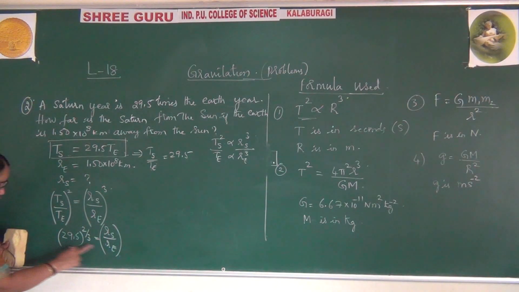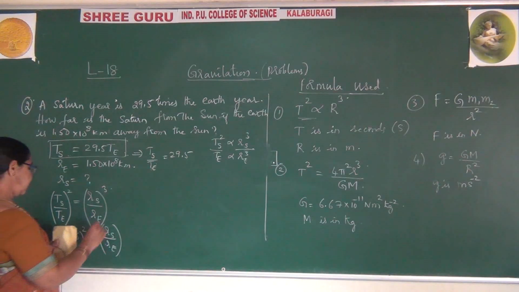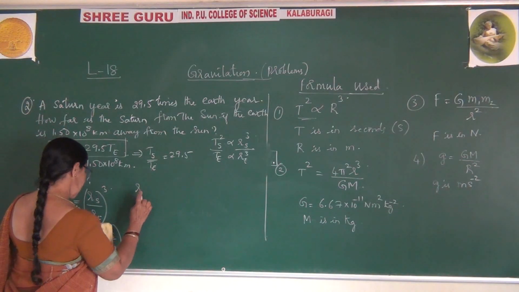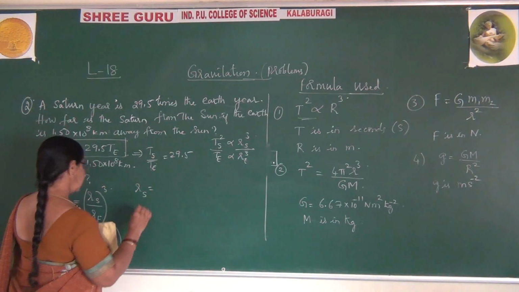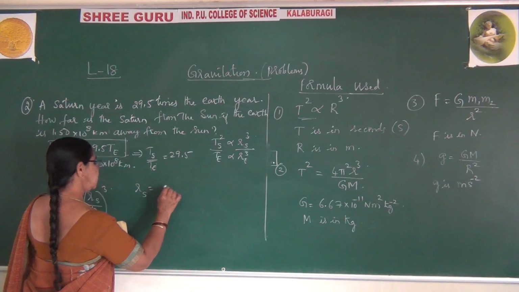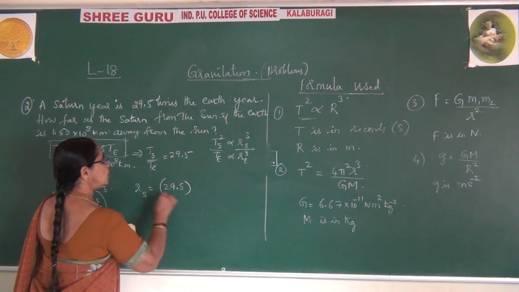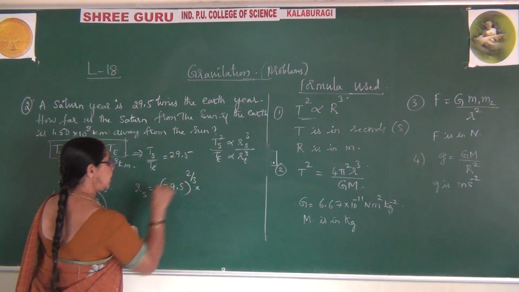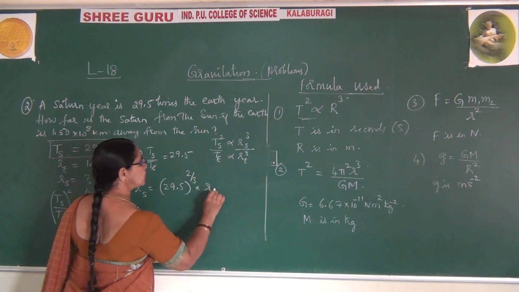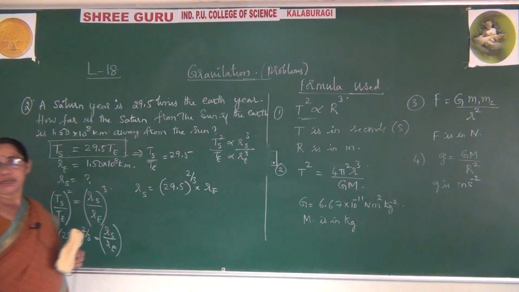If you cross multiply this, then your expression becomes RS is equal to 29.5 to the power of 2 by 3 into RE. And this is the condition it is.